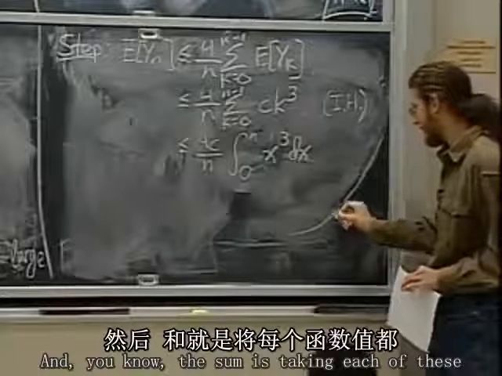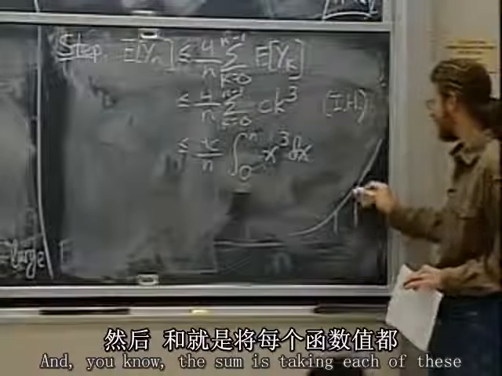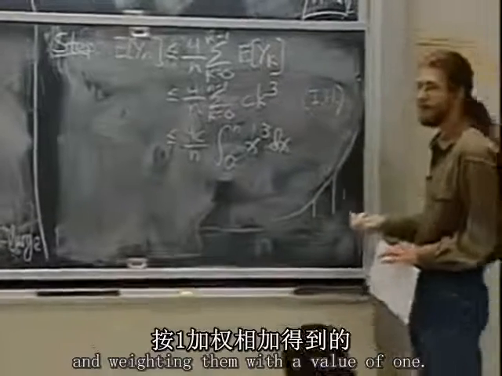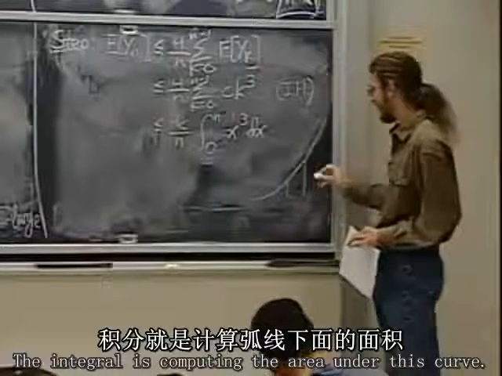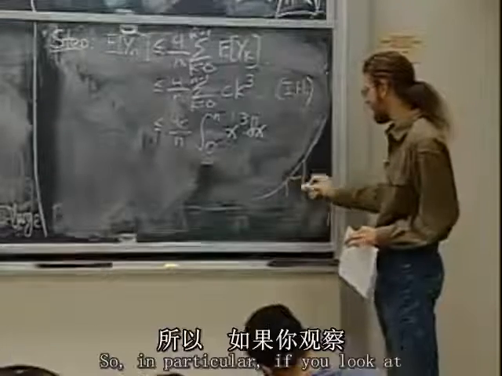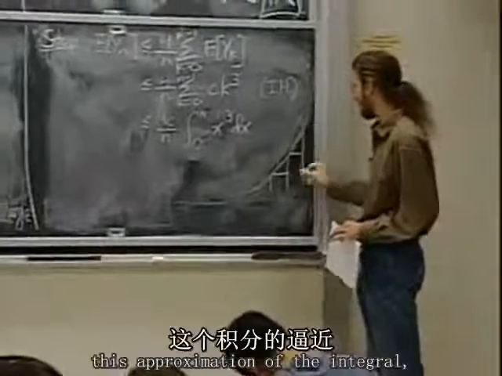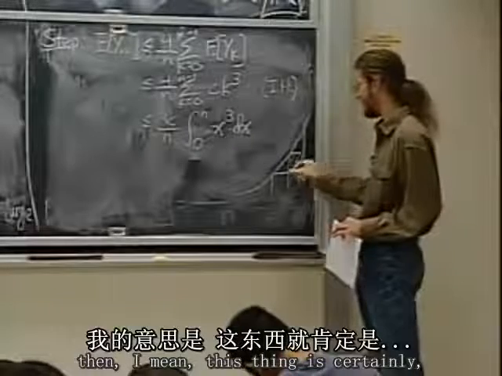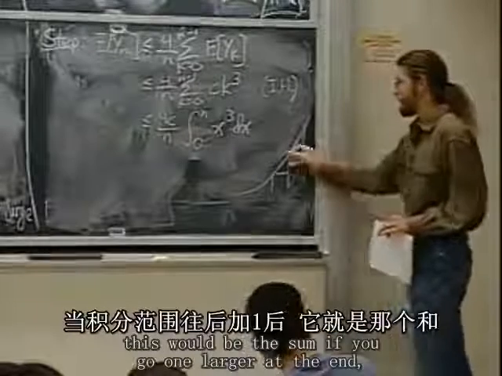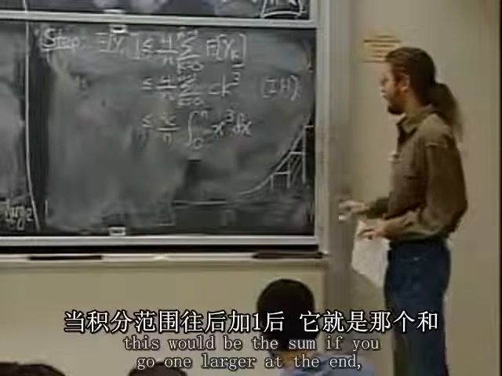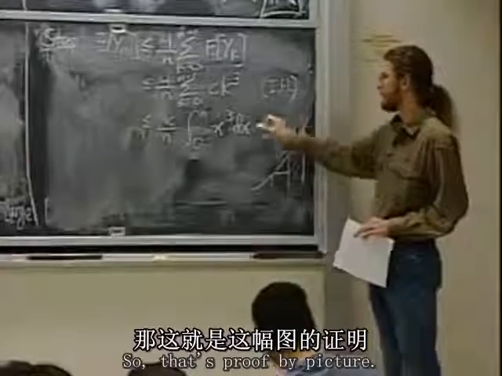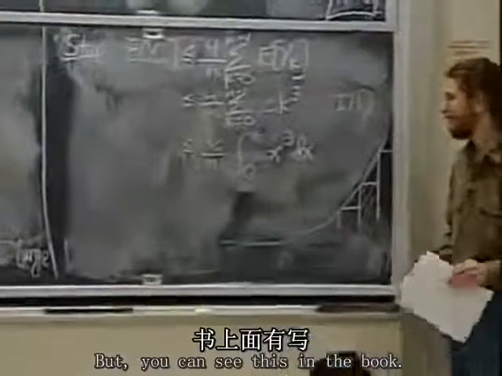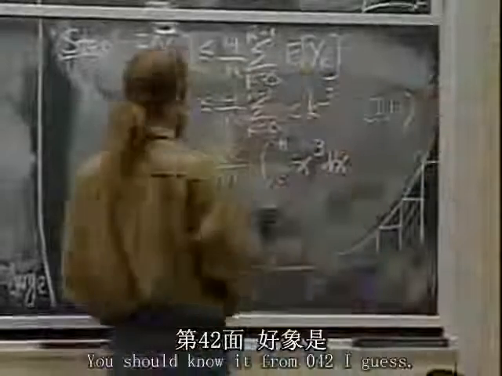And you know the sum is taking each of these and weighting them with a value of 1. The integral is computing the area under this curve. So in particular, if you look at this approximation of the integral, this would be the sum if you go one larger at the end, and that's at most the integral. So that's proof by picture. But you can see this in the book. You should know it from 042, I guess.